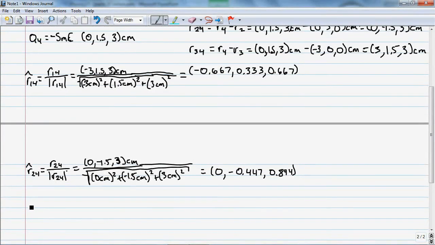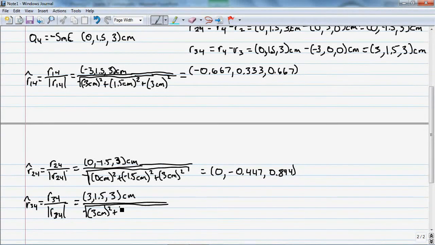And last but not least, R34. Our vector R34 was 3, 1.5, 3 centimeters over the square root of 3 centimeters squared plus 1.5 centimeters squared plus 3 centimeters squared.